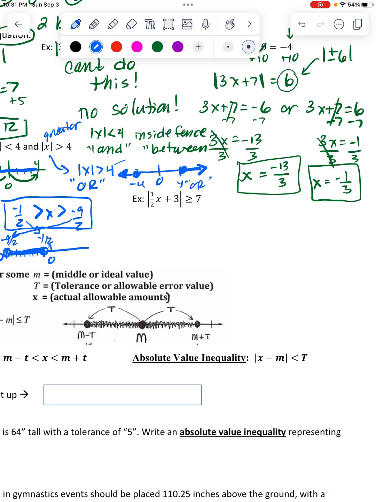So now this is going to be greater than or equal to. So I'm expecting little arrows that both go out, because it can be over here or over here. So we have to think, okay, your distance has to be greater than or equal to 7. So you're staying outside of the fence at 7 or negative 7.